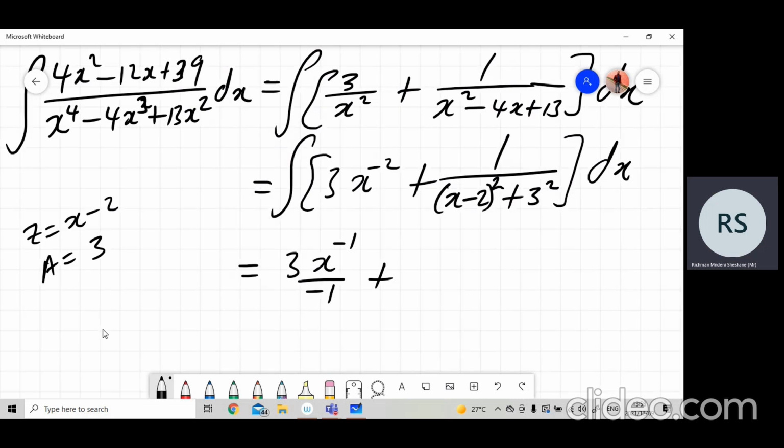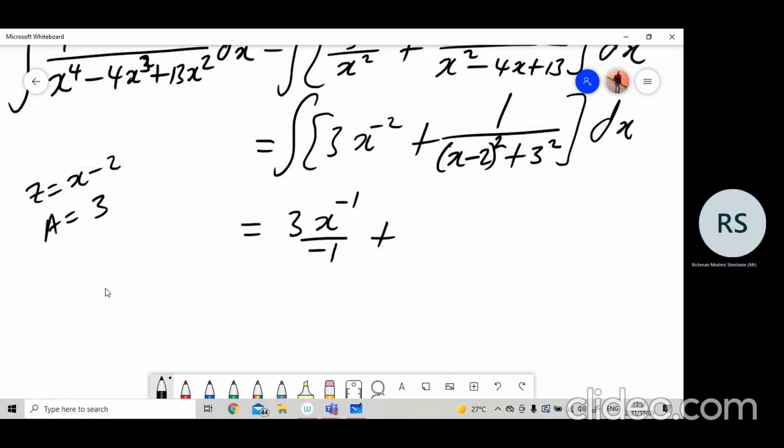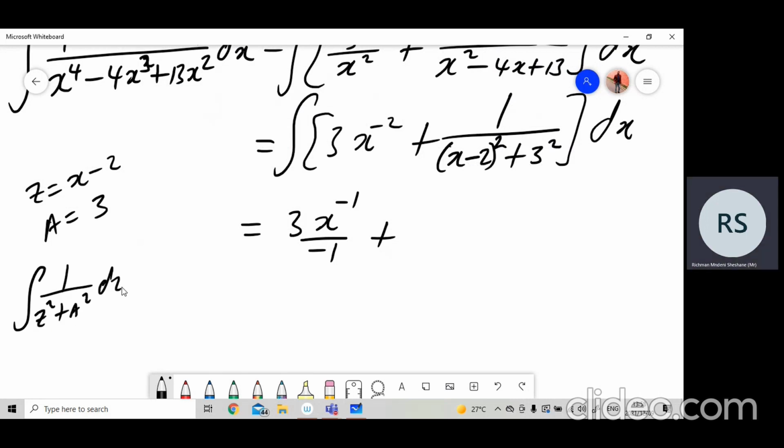So we want to integrate 1 over z squared plus a squared dz. Okay, this is an integral of this form.